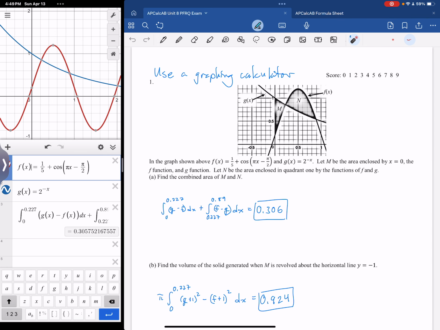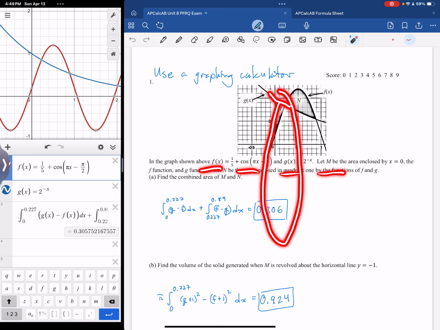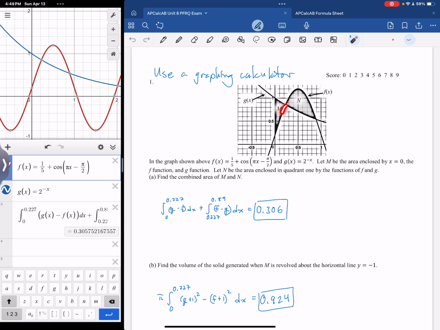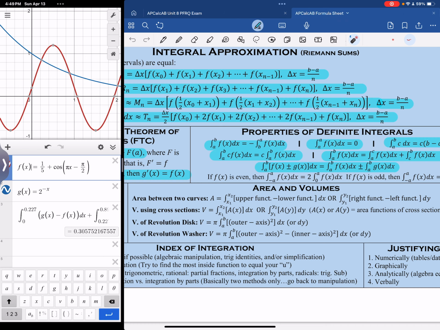In this one, this was our outer function because when I revolved it around this axis of revolution, that made the bigger solid. When I revolved this one around the axis of revolution, it made the smaller solid. So you have r squared minus r squared for the inner one, and then you do your integral with it.